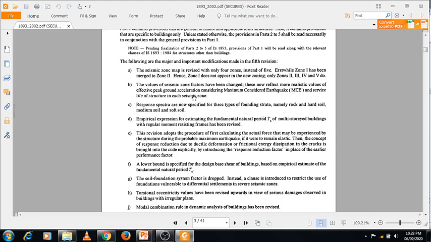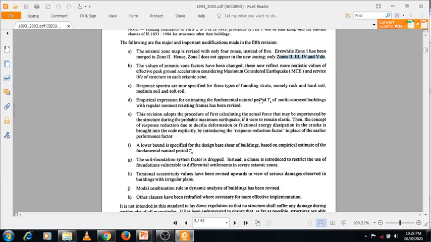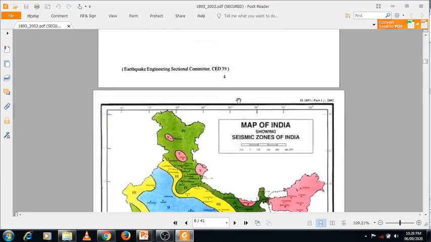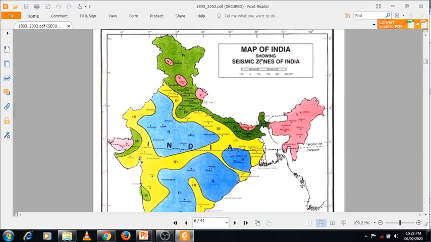Actually, before the fifth revision there were 5 zones for the earthquake. In the fifth revision the first and second are merged, so now only 4 zones are there, that is zone 2, zone 3, zone 4 and zone 5. According to the region, here you can see the map of India for seismic zones of India.